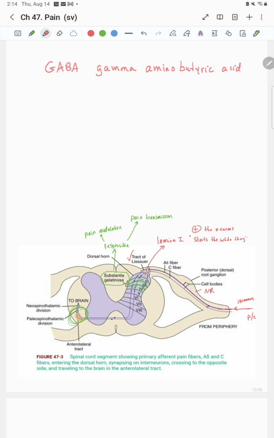Okay, the pharmaceutical version of this is called gabapentin, but we have our own natural built-in GABAs.